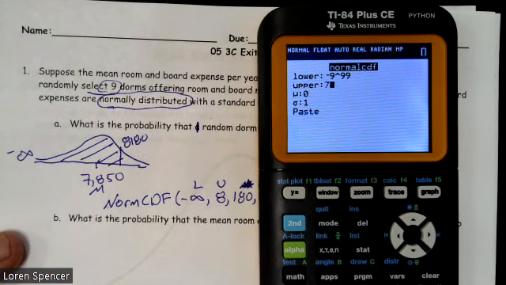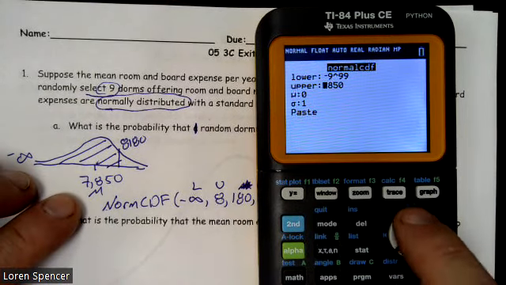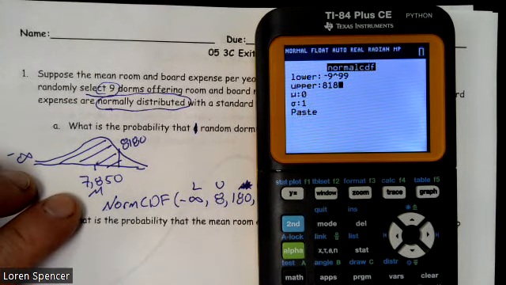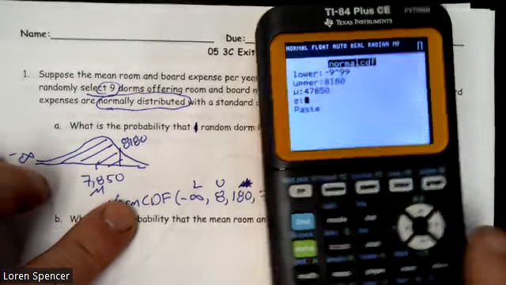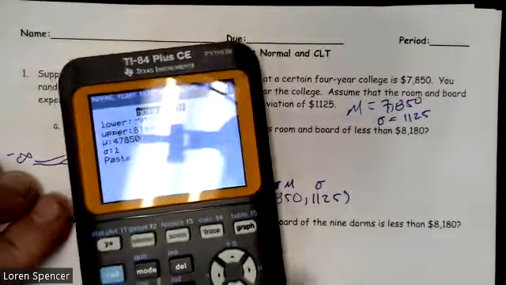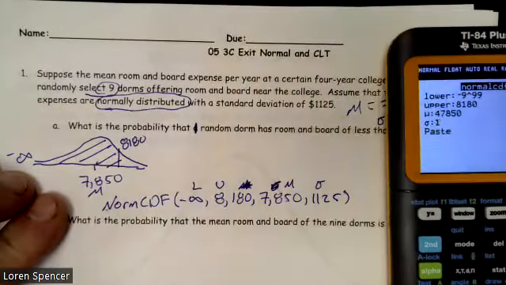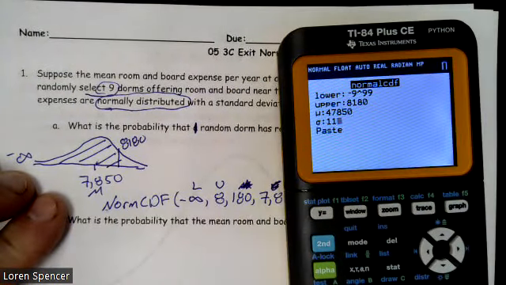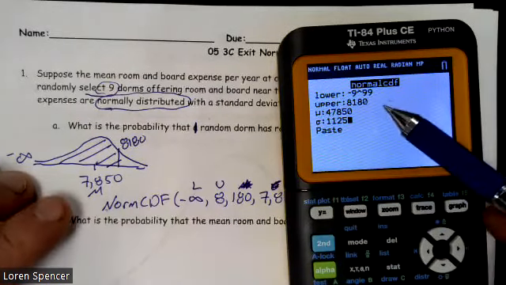Upper bound, 8,180. Our mean is 7,850. I switched that by accident. And then 1125 is our standard deviation.